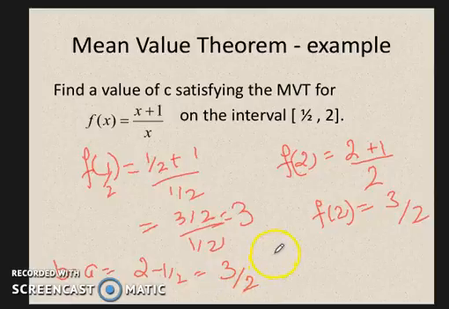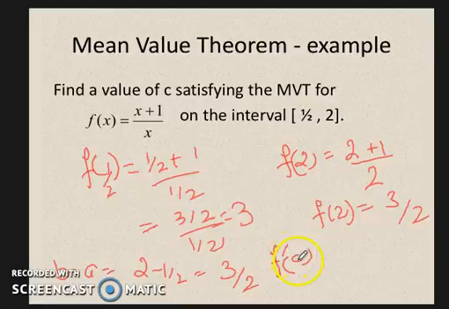Now you have to find c such that the derivative at this c has to be equal to (3/2 minus 3) over 3/2.